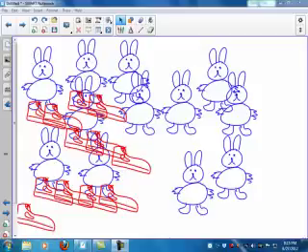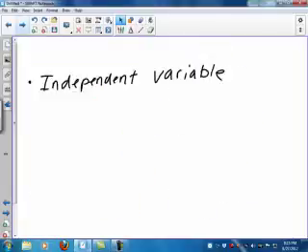So let's go ahead and figure out these vocab words that we showed in the first screen. They're all included here. We've included all those different things. So the first thing that we need to figure out is, what was my independent variable? An independent variable is something that the experimenter, and I'm the experimenter because I came up with this experiment, something that the experimenter changed on purpose.